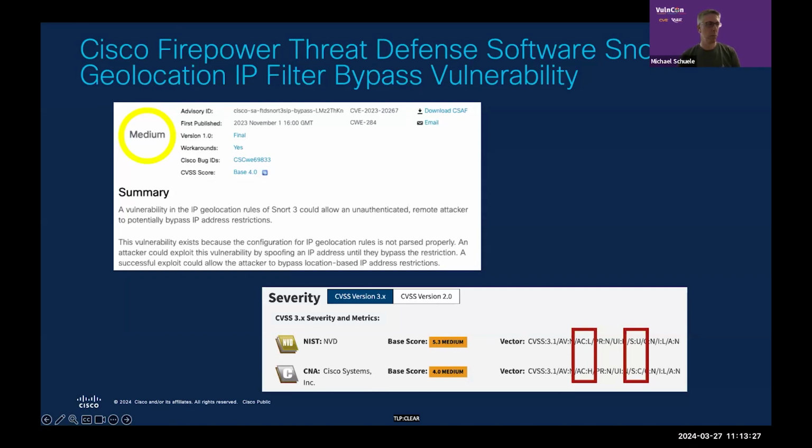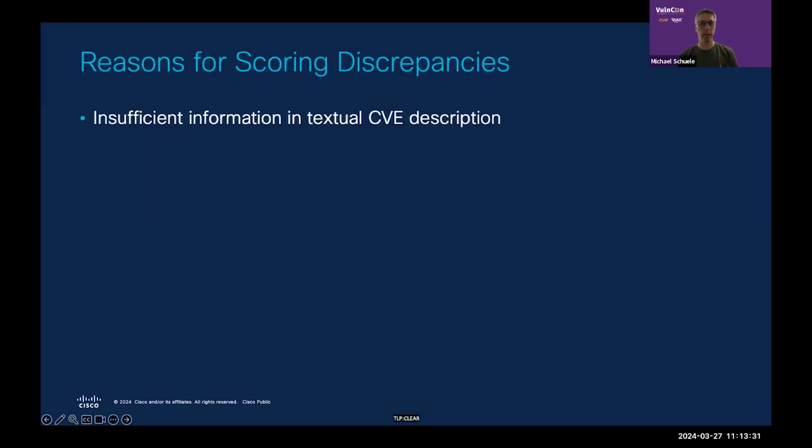In summary, what we found, also investigating others, is that the first and foremost reason for differences in scores was insufficient information in the textual CVE description. And here we found several things, especially around attack complexity. Why do we consider it high?